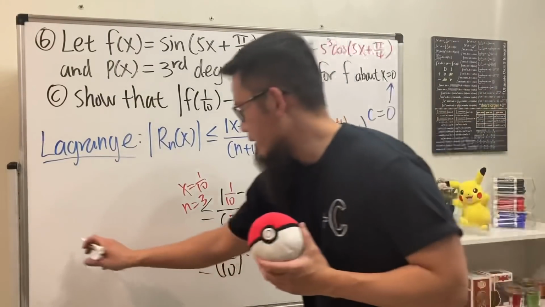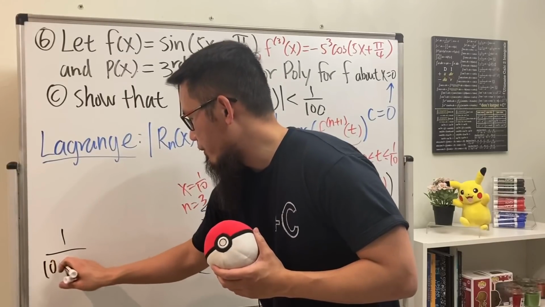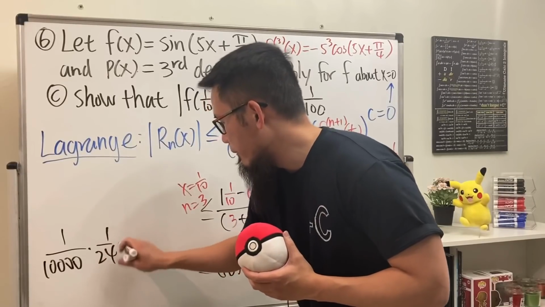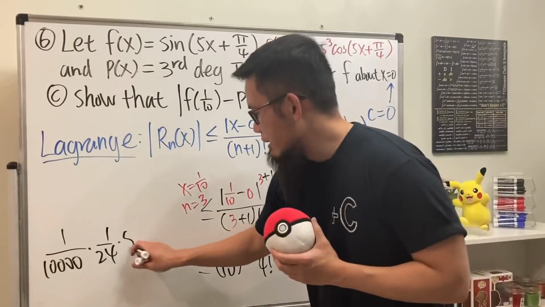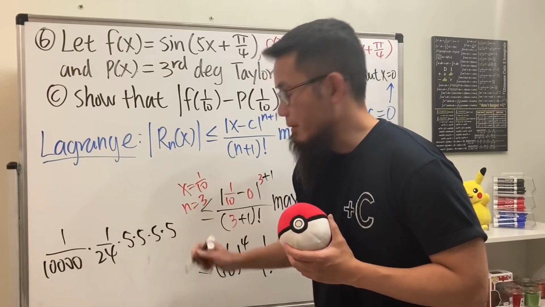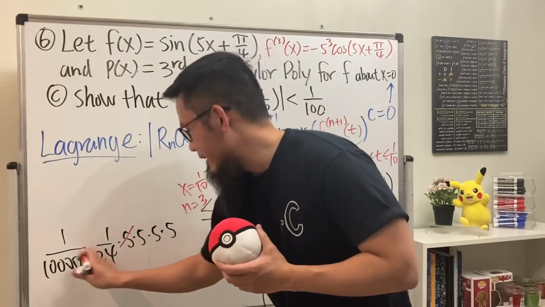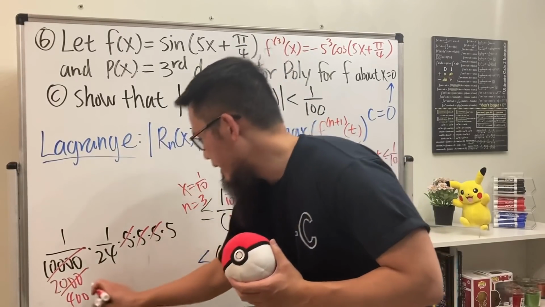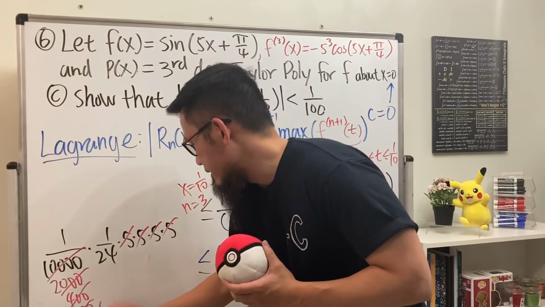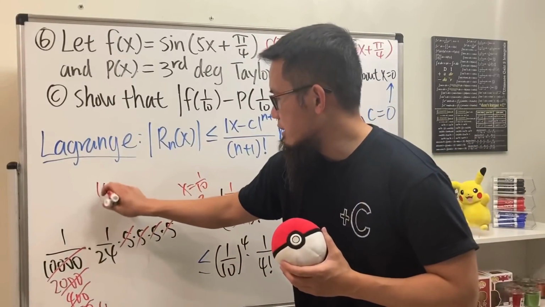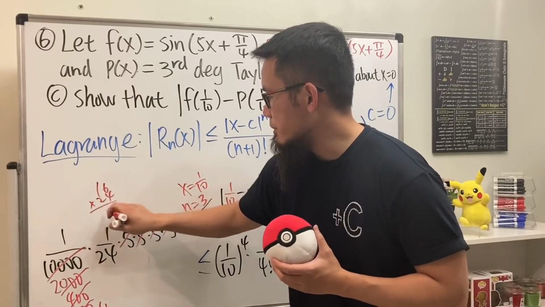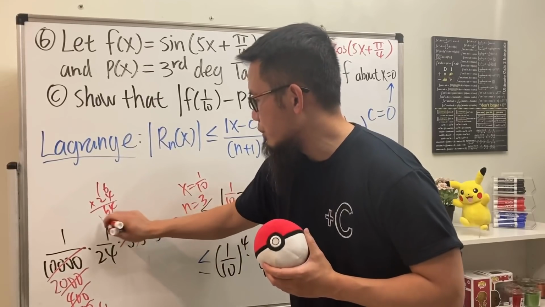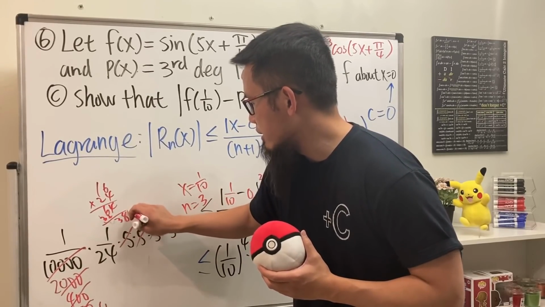So 1 over 10 to the fourth power is 1 over 10,000, and then 1 over 4 factorial is 1 over 24, and then 5 to the fourth power, let me write it as 5 times 5 times 5 times 5, because it's easier to reduce this, and that is 2,000, and then 400, and then 80, and then 16. 16 times 24, this is going to be 64, and then 16 times 2, which is 32, so altogether 384.